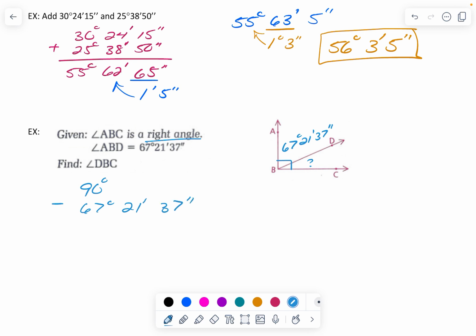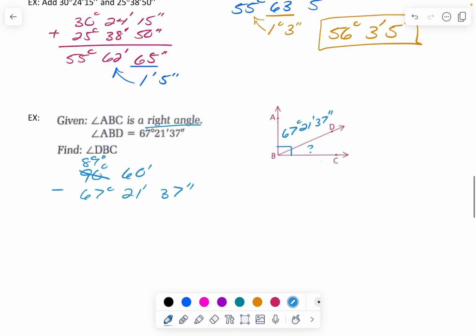Well, we need to borrow. First of all, we need to borrow 1 and make that 89 degrees, 60 minutes. But then we need to borrow again. So instead of 60 minutes, we're going to have 59 minutes and 60 seconds.